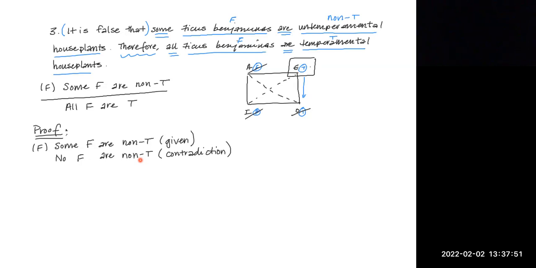So if we have used the traditional square of opposition appropriately to change truth values and to move between universals and particulars, now we can move on knowing that we don't need to go back to the square, and we can see how we can use conversion, obversion, and or contraposition to finish out the proof.